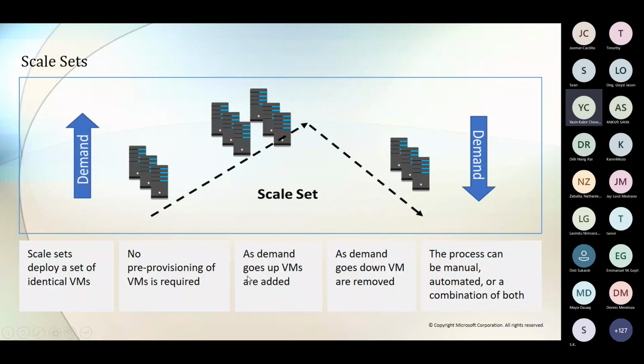As demand goes up, VMs are added automatically, and as demand goes down, VMs are removed. The process can be manual, automated, or a combination of both.